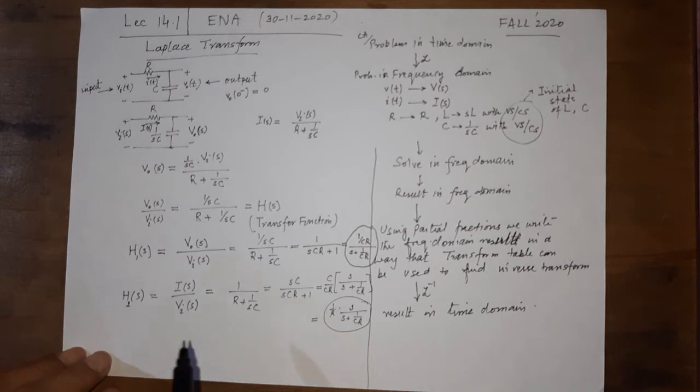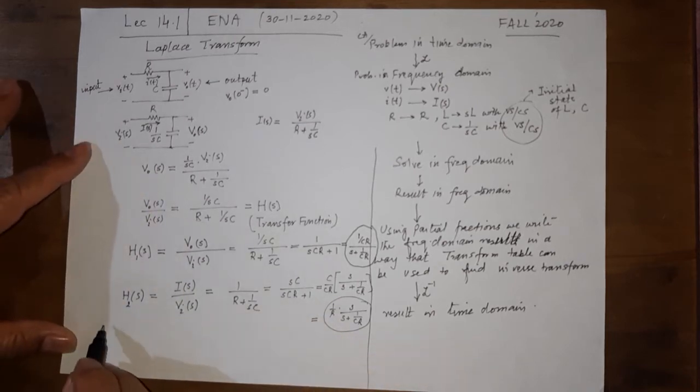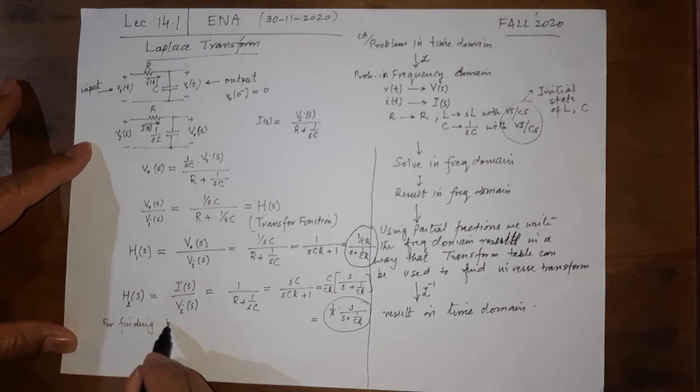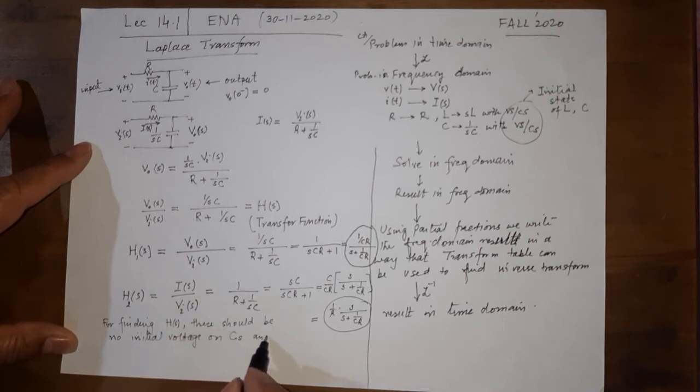So one thing is very, very important. You should know that for finding the transfer function, there should be no initial voltage on capacitors and no initial current in inductors.